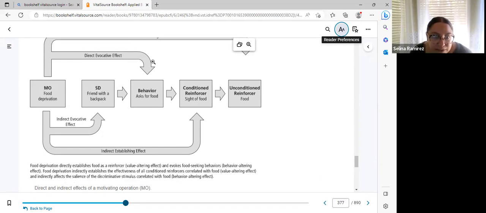Because we deprived him of food, we directly change the effect of food, the value altering effect, and evoke food seeking behaviors, which is the behavior altering effect. Food deprivation indirectly establishes the effectiveness of all conditioned reinforcers correlated with food, value altering, and indirectly affects the salience of the discriminative stimulus correlated with food, behavior altering effect.